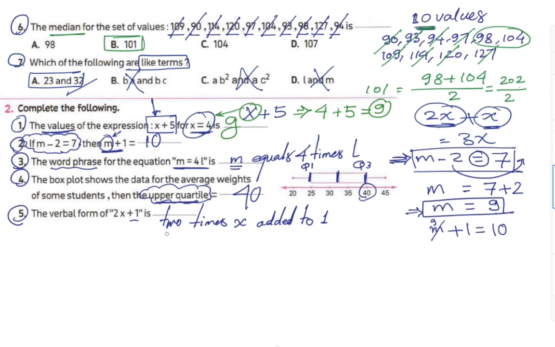So we have 2 times x, 2x, added to 1, plus 1. So this algebraic expression is the same one he asked us for.